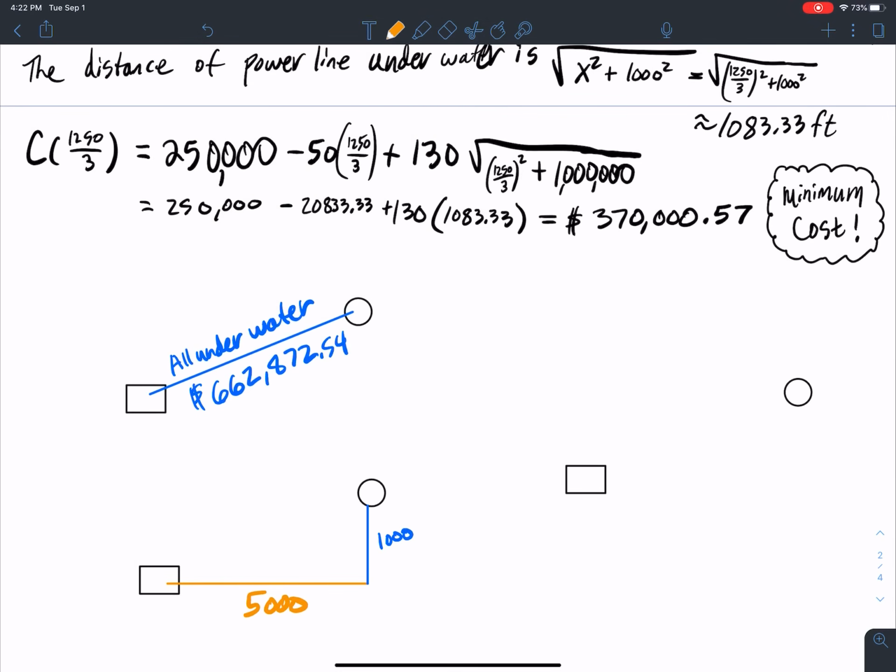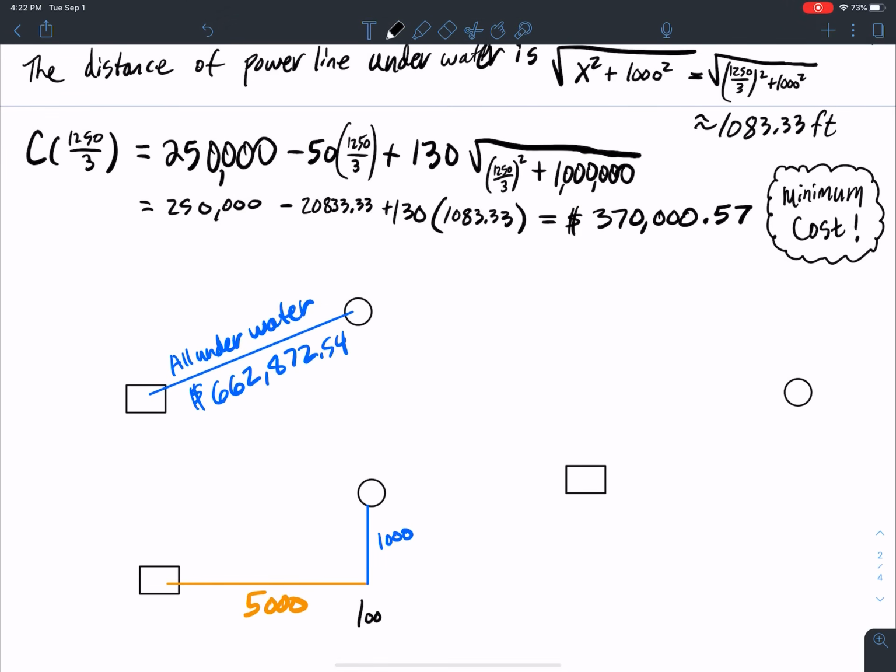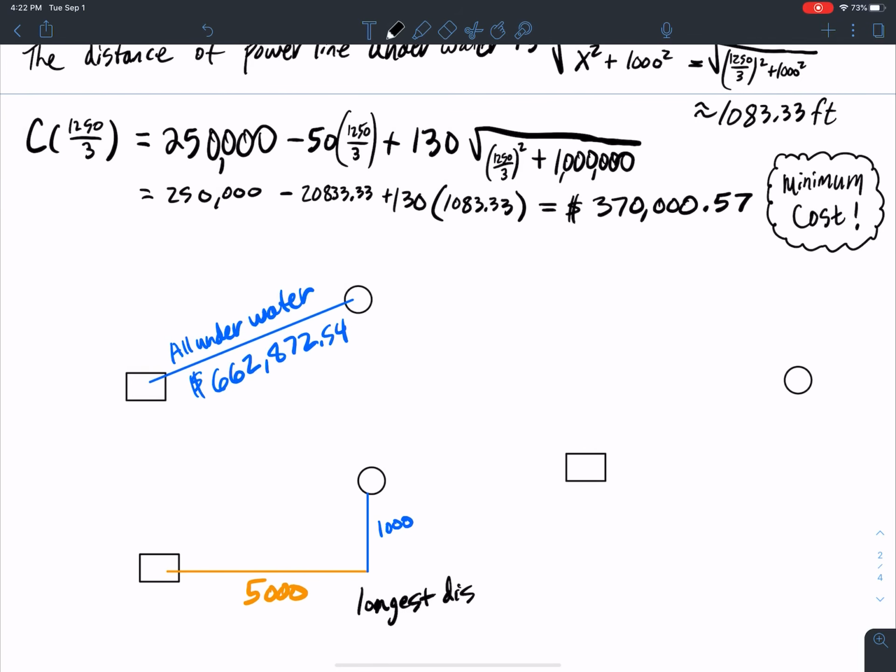Okay, so this was the longest distance that we considered. However, the total cost here was $380,000. Okay, which might have been surprising that the longest distance was less cost than this.